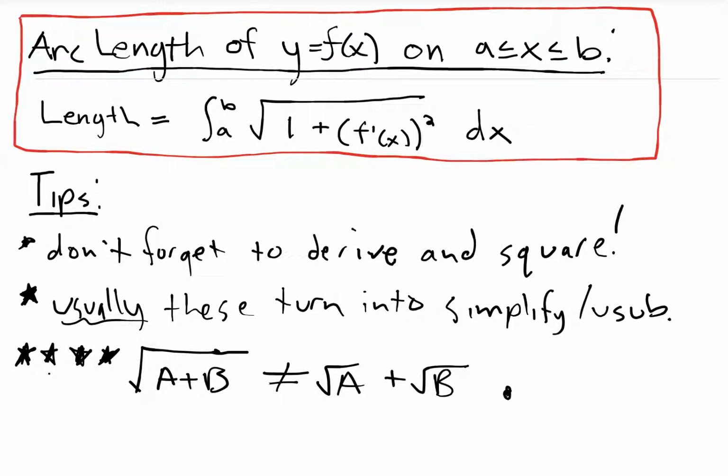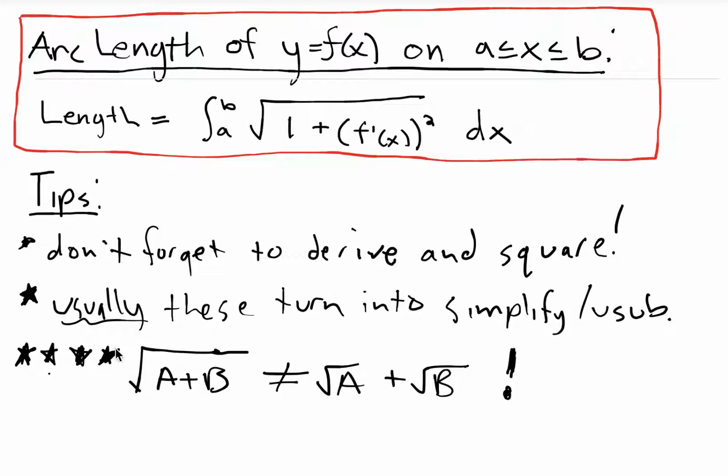Now, fair, maybe there's a couple special cases in which this works, like if A is 0 and B is 0 in this example, but in general, this root pattern almost never works out, okay?